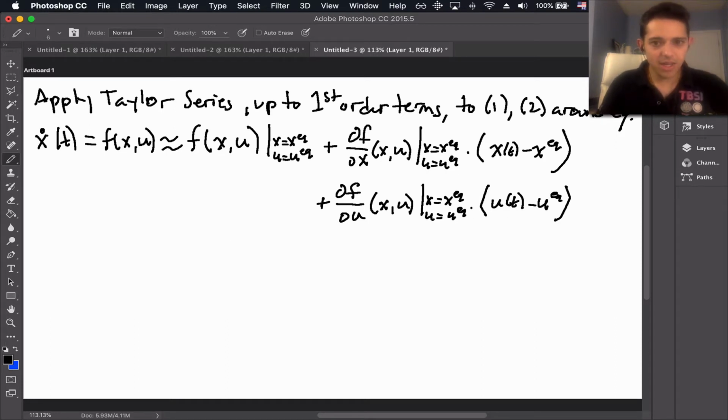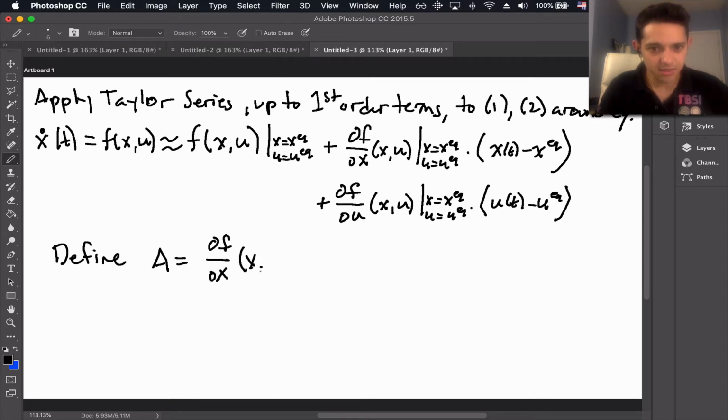All right, now what I'd like to do at this point is actually make a few definitions that are going to help us out. So I'd like to define A to be this partial derivative, also known as a Jacobian of f with respect to x, evaluated at the equilibrium points.